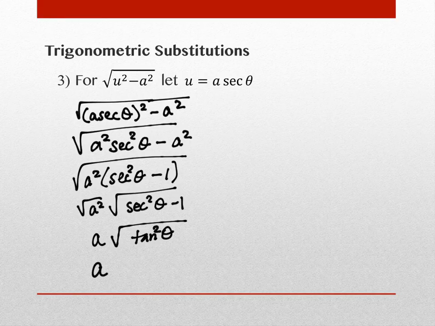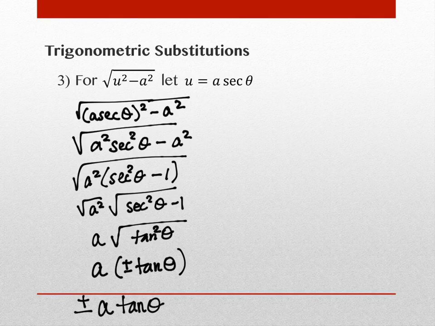This is kind of a tricky thing. It's not just tangent. It's actually the positive or the negative tangent of theta. This is the only one this happens for, and it will be very obvious when you need to use the negative. You either end up getting a positive or a negative tangent theta.